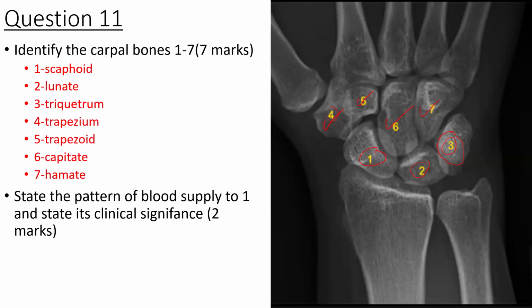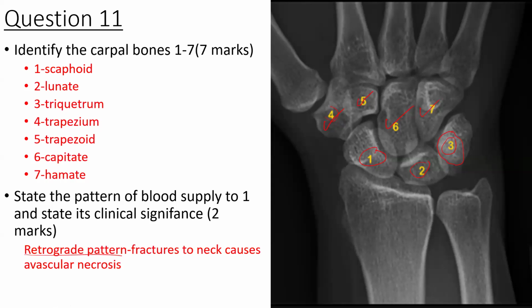Talus. Those patterns of blood supply, retrograde, watershed, and the others, they might make an appearance in your exam. I'm just saying they might make an appearance, okay? So, retrograde pattern, fractures to the neck of the scaphoid.